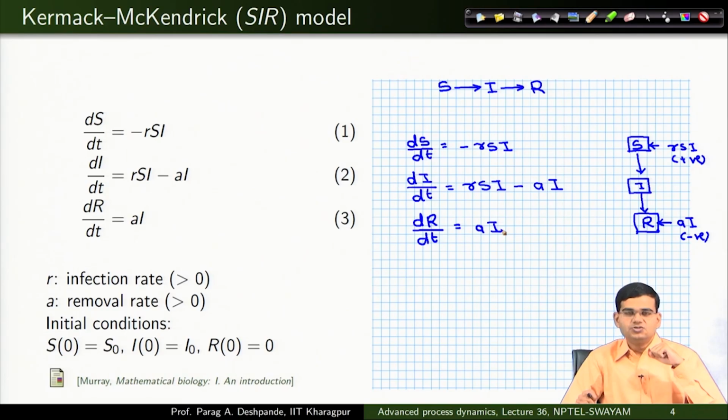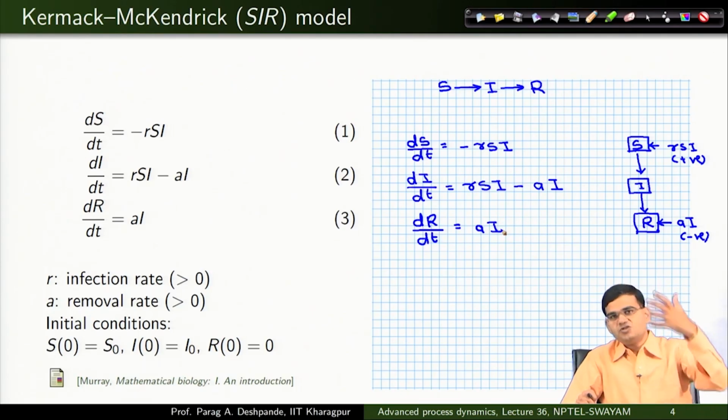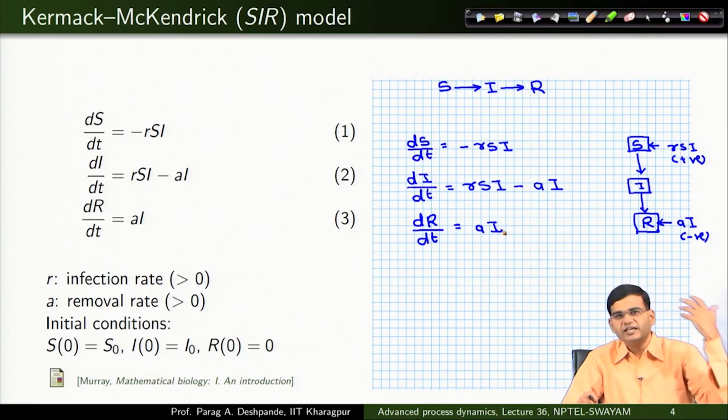In the current situation, the infection is said to have started from Wuhan, and then people started flying from Wuhan to different parts of the world. So, you started introducing infected members in different geographical locations of the world.